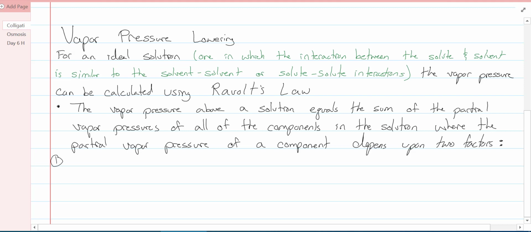One, the first factor is how much is present, for which we'll use the mole fraction.